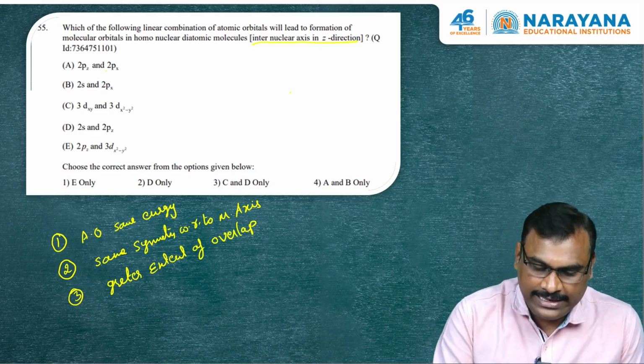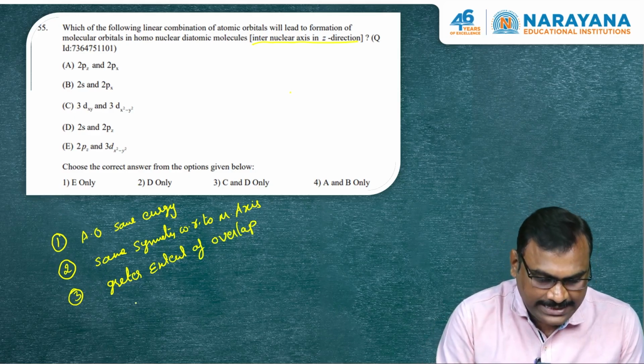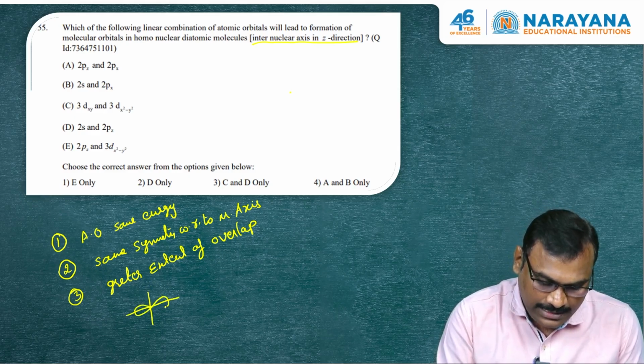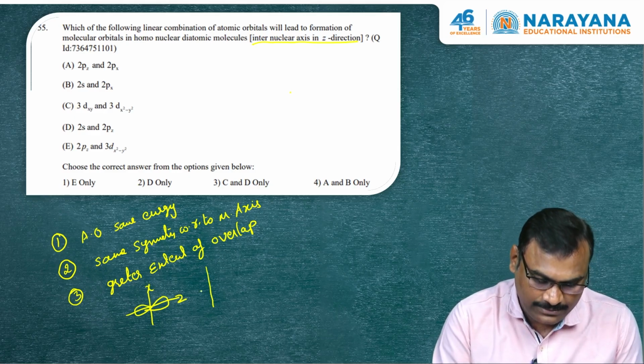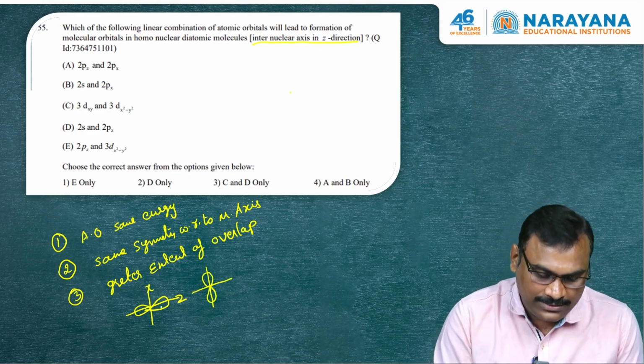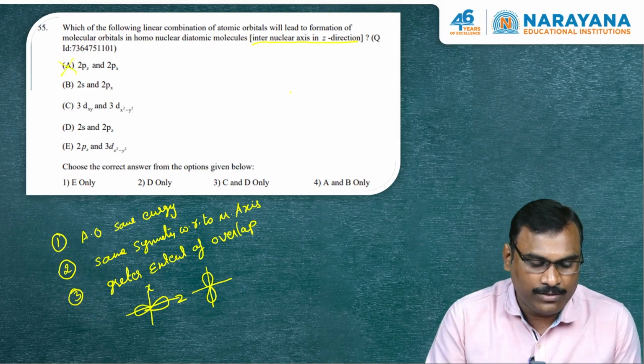Here, in option A, 2pz and 2px, the orbital is z, let us say, and the other as x. These do not have the same symmetry, so option A will not be possible.